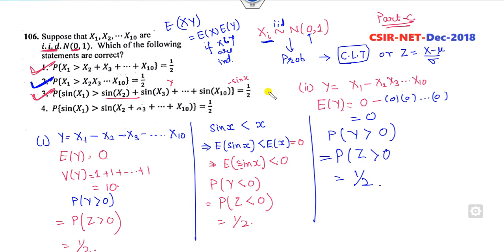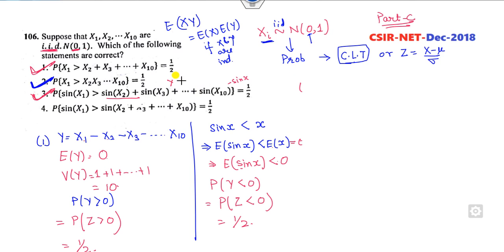Look at the last option. Now the fourth option. If we look at the first option and the third option, what is the difference between them? It is only the function sine of this. If I simply take y as sine x1 minus sine of this, and from the first part we know this value holds.